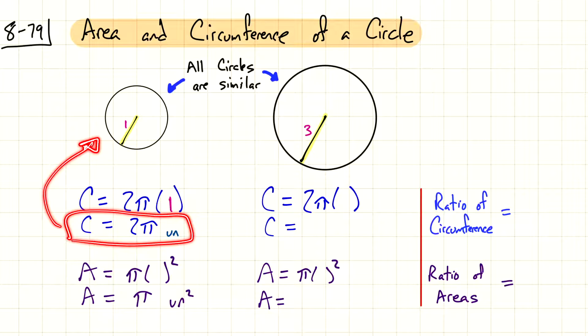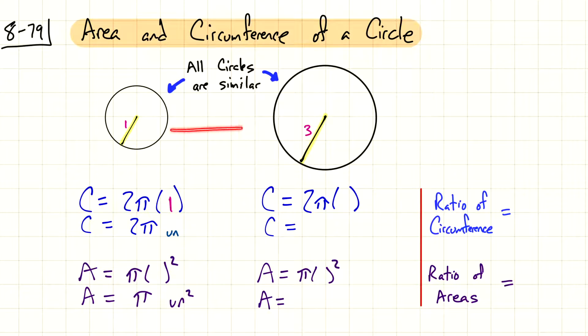Now, if I have another circle with a radius of 3 instead, just like we've done before, if a shape gets larger, it's increasing by a linear scale factor or linear ratio and an area ratio. Well, if I'm talking about circumference, I'm talking about perimeter, I'm talking about linear ratio. So if I look at these measurements, 1 and 3, how many times bigger did that radius get? It went from 1 to 3, so it's growing by a scale of 3.